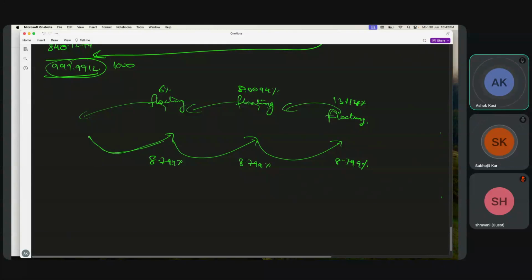Swap is a combination of, you are receiving this interest, so you are long on a floating rate bond, because the interest is floating, changing. You invested, so you are long on that. That kind of analogy you have to think. And short on a fixed rate bond.